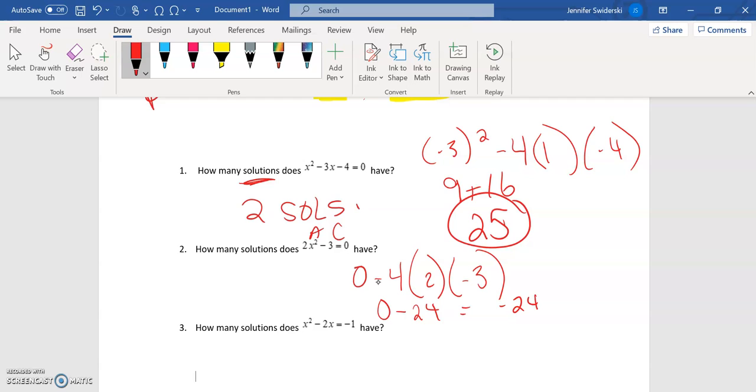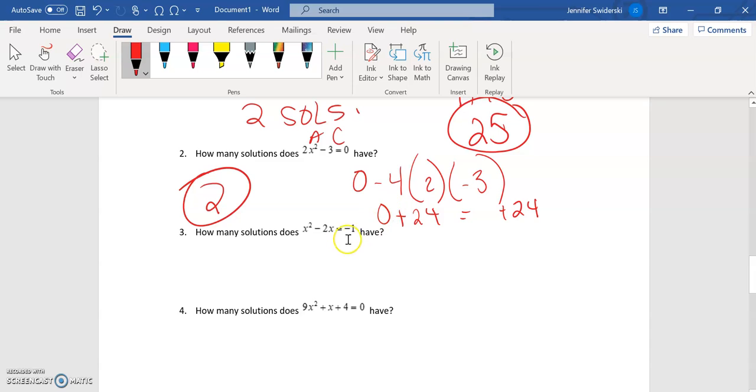So we get negative 24. You know what? A negative times a negative is a positive, so that should be positive 24. Sorry. So if I have a positive, that means we have 2 solutions.